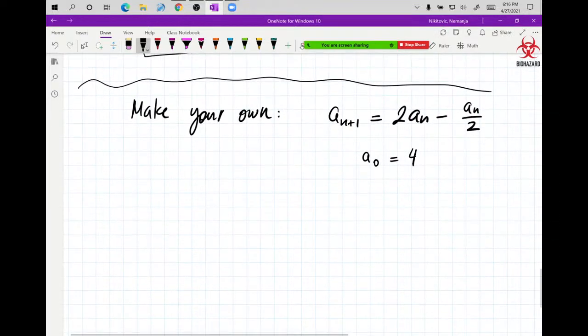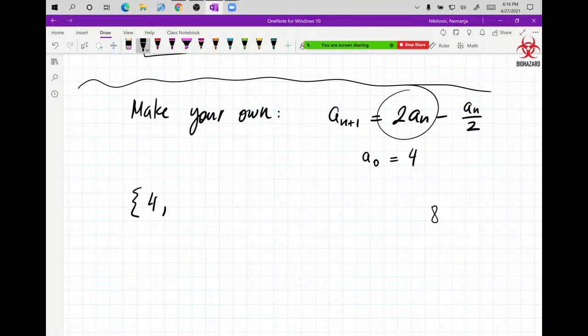So now, what's the sequence? The first number is given, it's 4. And now the second number needs to be computed. That's going to be 2 times 4 is 8, minus 4 divided by 2 is 2, so the next number is 6. Now 6 is the number that goes into the machine up there. 2 times 6 is 12, minus 6 divided by 2 is 3, so 12 minus 3 is 9.